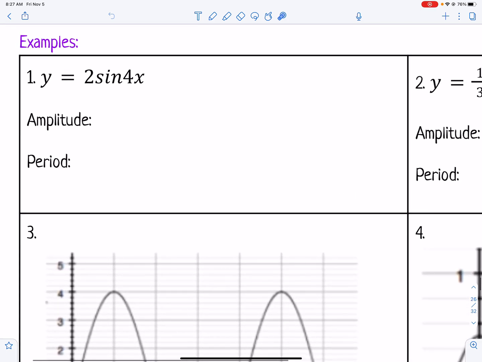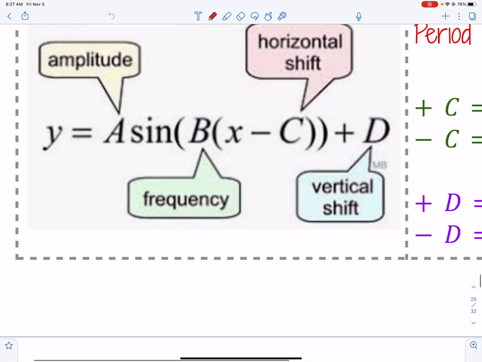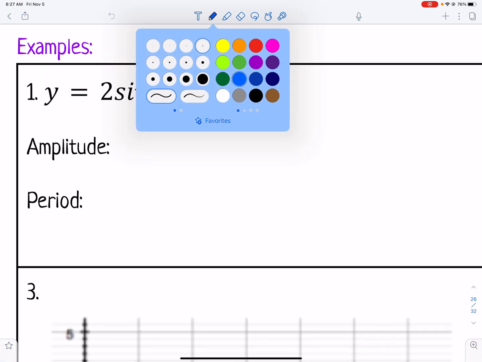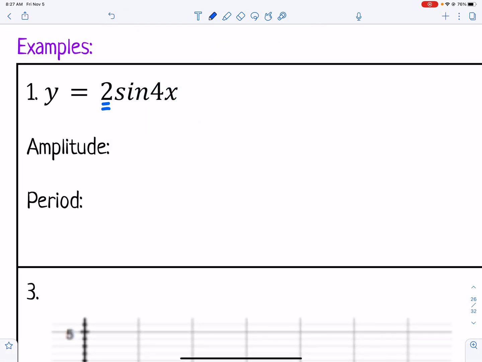In this first example, it just gives us the function and asks us to pick out amplitude and period. So let's see, did they use any particular color? They had yellow. I'm just going to use blue to pick out amplitude. So amplitude is the absolute value of that number out front, which would just be 2. The period is always 2 pi divided by B, so I'm going to write that down.